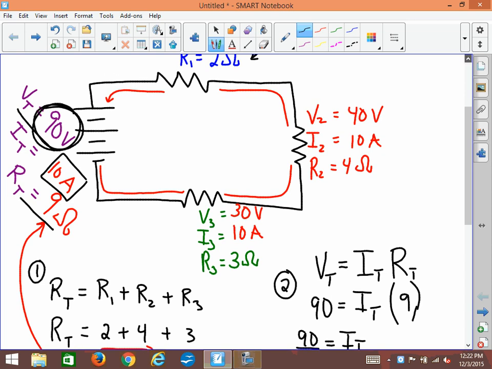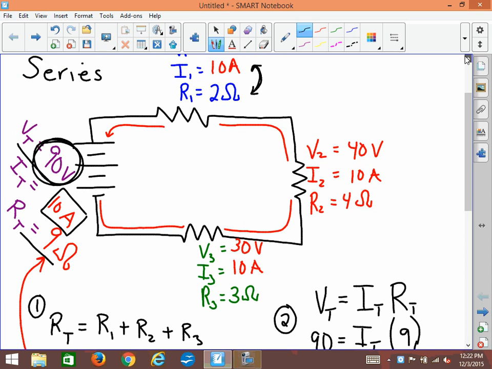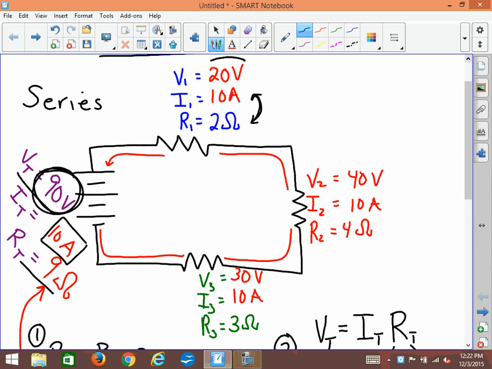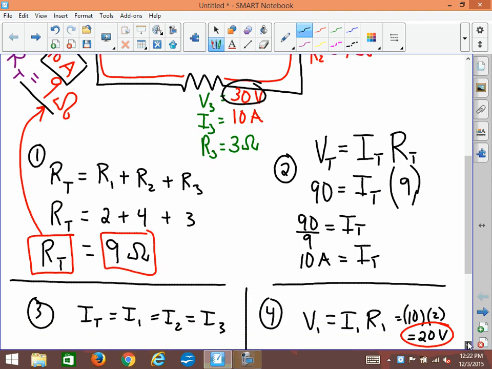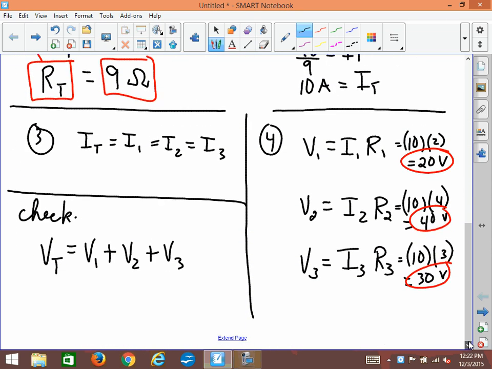So my 3 voltages must add up to 90. And we can see that they do, because we have 20 and 40, which is 60, plus 30 is 90. So that verifies that I did everything right, because this is true. 90 equals 20 plus 40 plus 30. So it works out that 90 equals 90. So I know that my answer is correct.